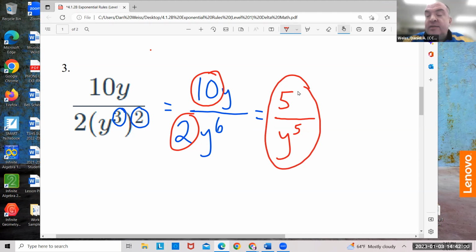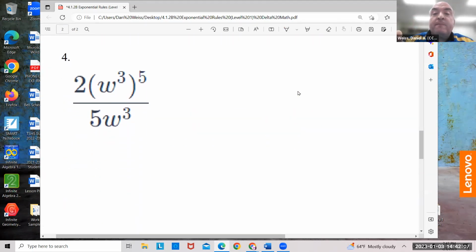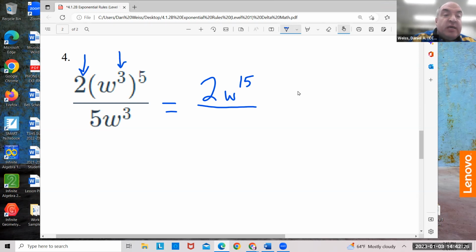All right. So now, let's see what else we got here. Again, this 2 here is not inside the parentheses, so I'm not taking that to the 5th power. I'm just going to say 2, and then w to the 15th, because 3 times 5 is 15. This 3 times this 5 makes 15, over 5w to the 3rd.